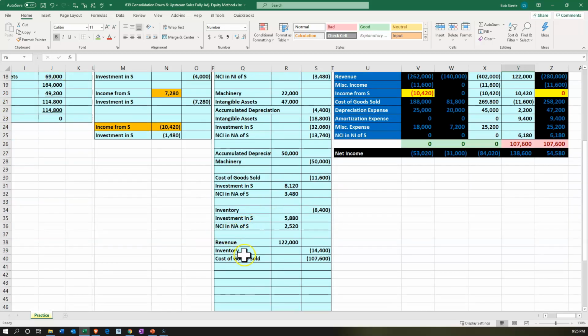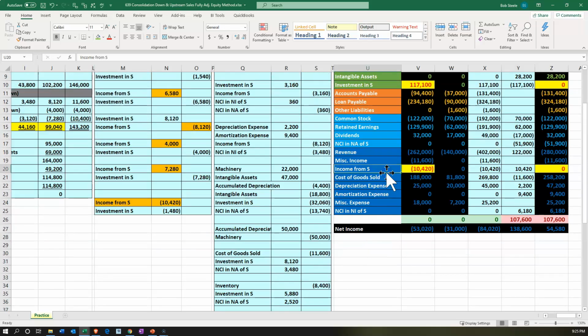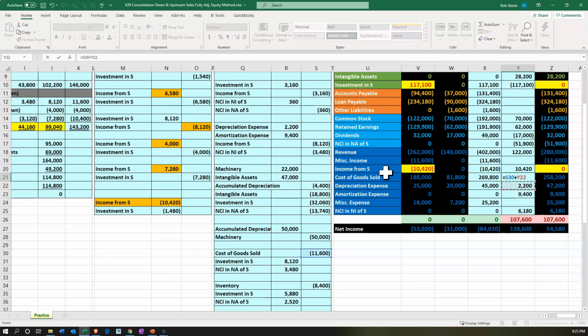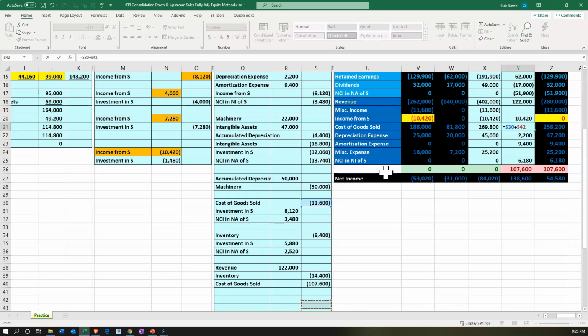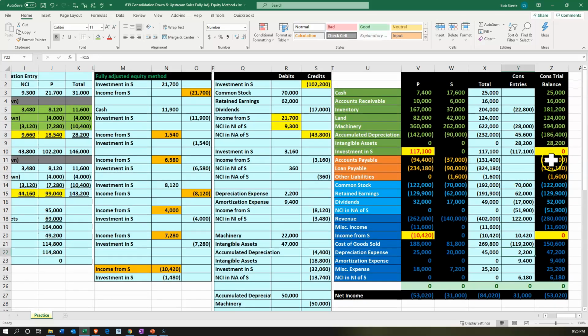And finally, we've got the cost of goods sold. Here, I'm going to say F2 plus F2. And there we have the cost of goods sold. So there are our ending numbers. So we've got the zeros here. We basically backed out the equity section here to get us back to the P equity section. A couple of check figures you can take a look at.